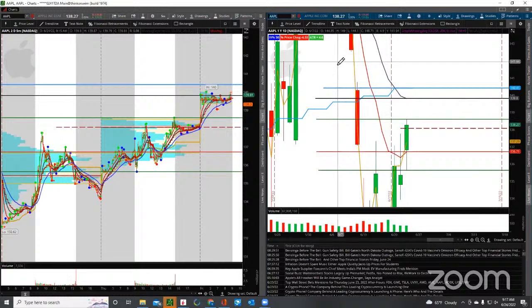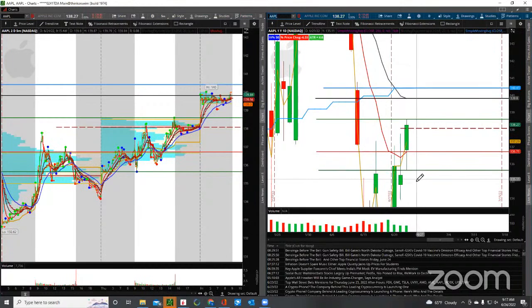So I took a limit buy, thinking that it had room to run, but then the market started dropping, and unfortunately Apple followed the market, and hence the loss I took in Apple. But that's why we use stop losses, so that you mitigate your loss, you control it.